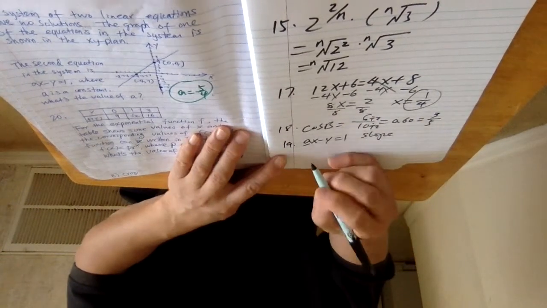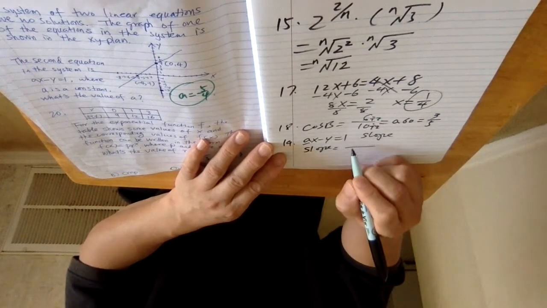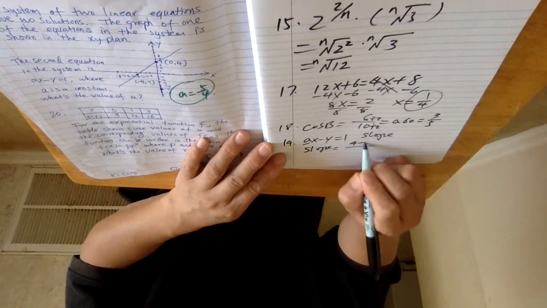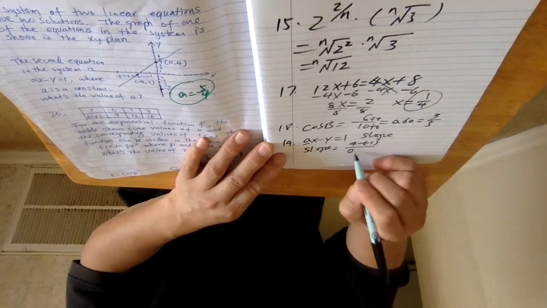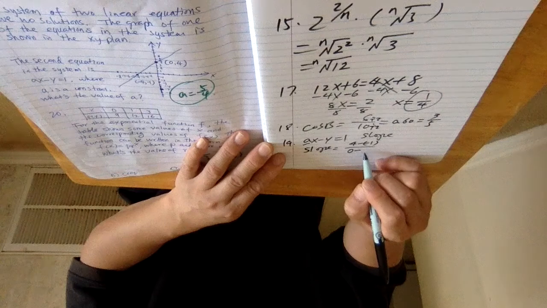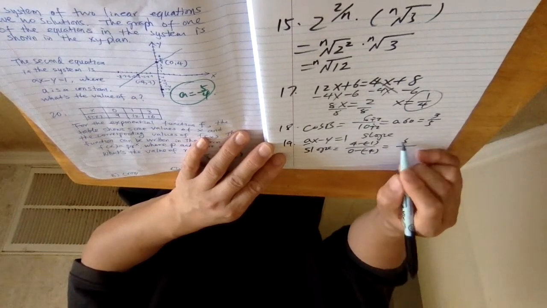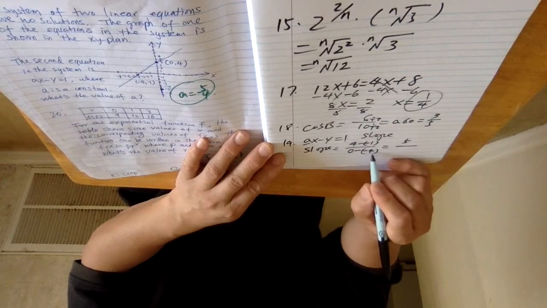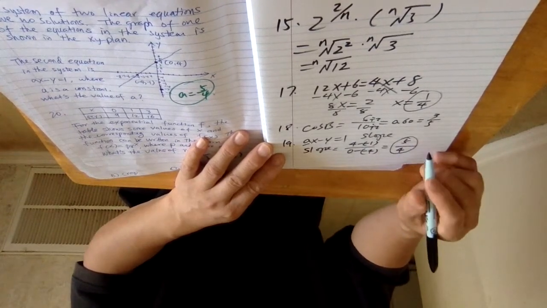From the data we have given, we'll be using slope equals y2 minus y1 divided by x2 minus x1. So it'll be 5, 0 minus negative 4 will be 4. So the answer is 5 over 4.